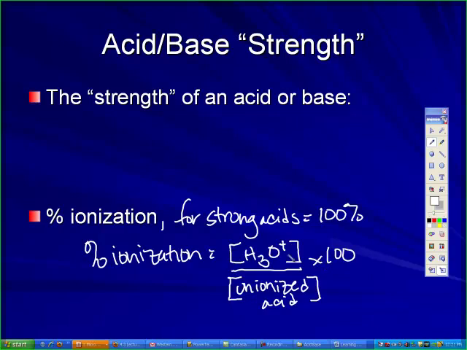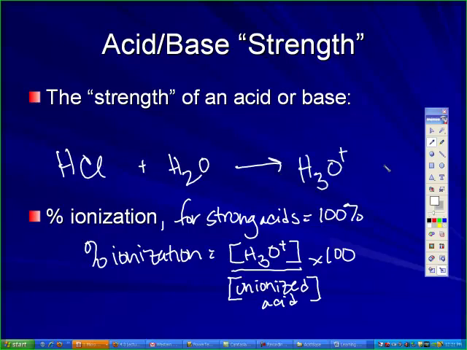If these two are equal, like they have been in all of our problems so far, so when you have your HCl, remember we said if this is 0.2, this should be 0.2. If these are both 0.2, then that's 1. So your percent ionization is 100.